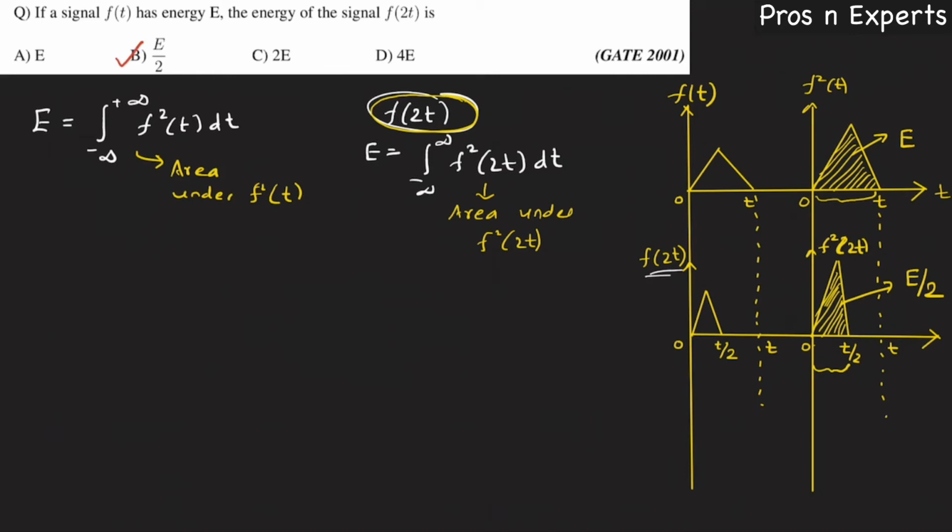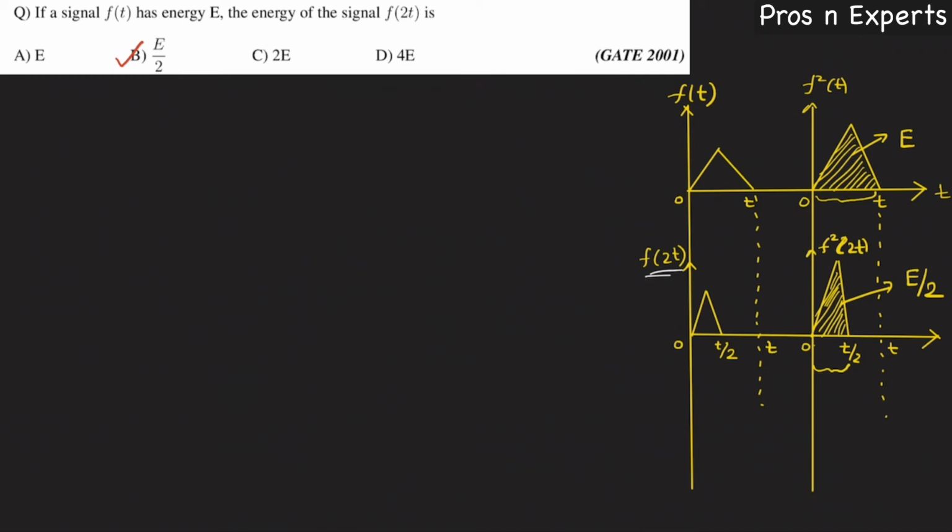So this is the graphical approach to solving this question. And if you are particular about knowing the mathematics behind this, let me clarify. So this was the graphical approach, and now this is the mathematical approach.